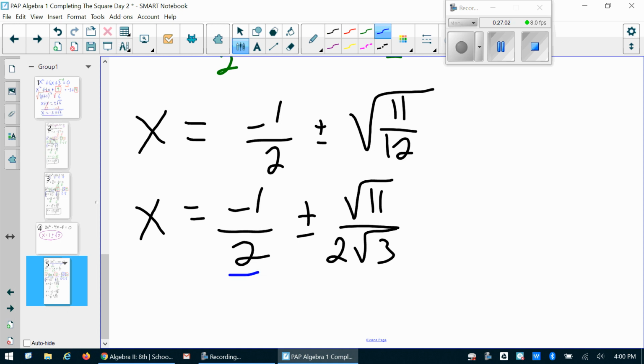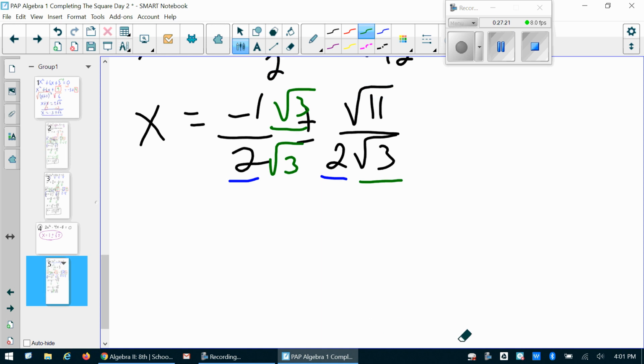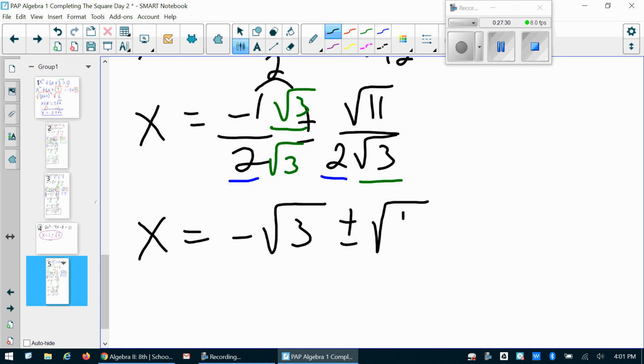We have a 2 here and a 2 there, but this square root of 3 is the thing that's different. I'm going to give this fraction root 3 over root 3. I'm just getting the denominators the same. Okay? And if I wanted to simplify that, I would get negative 1 times root 3 is negative root 3 plus or minus root 11 all over that common denominator 2 root 3.